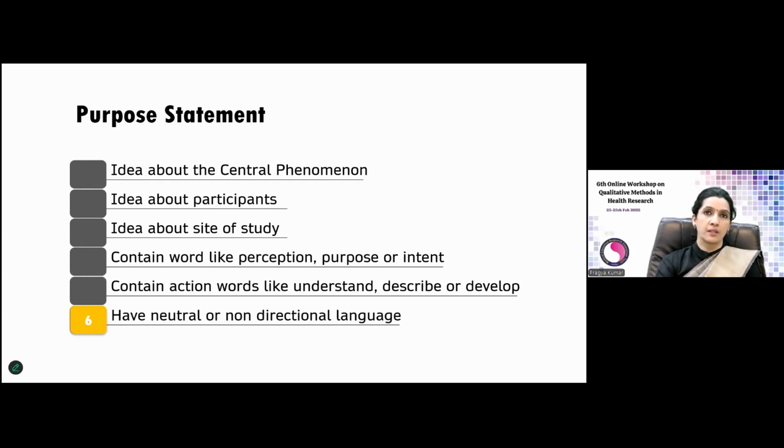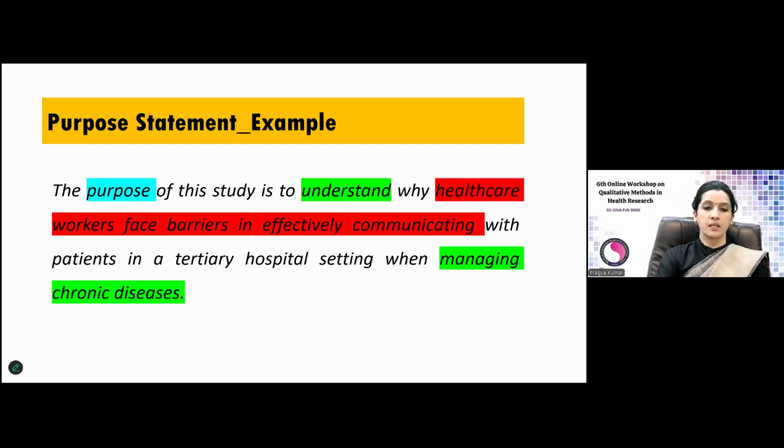For example, I can write that the purpose of this study is to understand why healthcare workers face barriers in effective communication with the patients in tertiary care hospital setting, and in managing chronic disease.